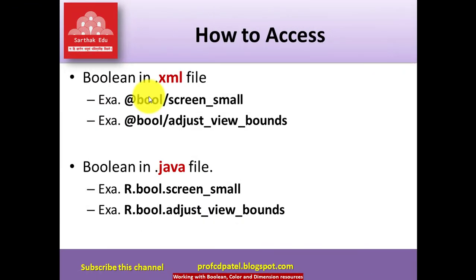Now this is the area where we are going to access those Boolean resources in an XML file or in a .java file. So keep in mind, before accessing Boolean resources in XML or Java, all resources are automatically added to the R.java file.